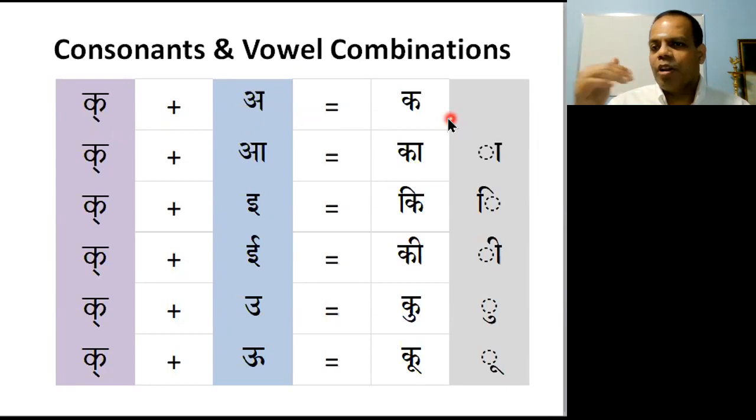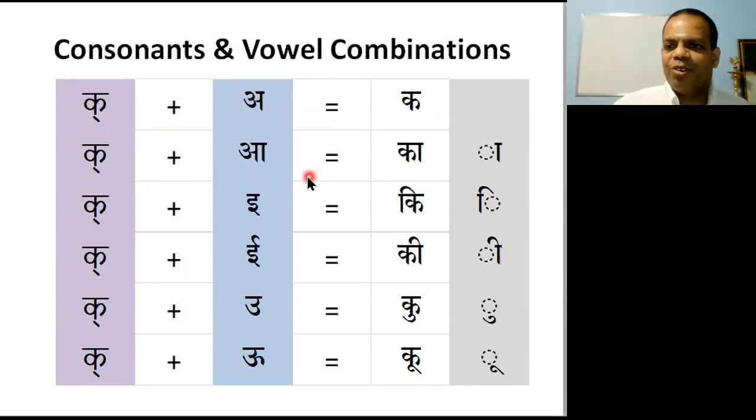We are going to look at all the other vowels, when they combine with this uk, what sound it is and how it is written. Uk plus the longer a, dirgha, gives you what's called kaa.